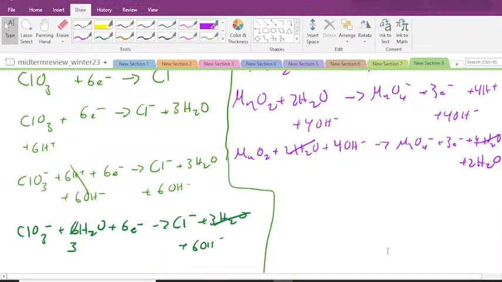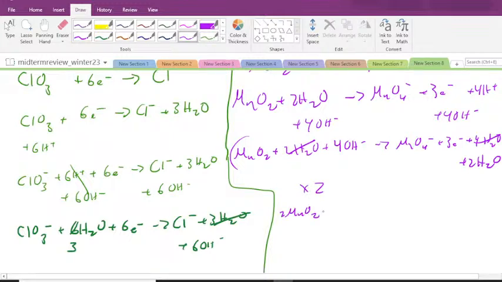And so now how do we add them together? Yeah, you gotta multiply the manganese side by 2. So now I'll just rewrite that.